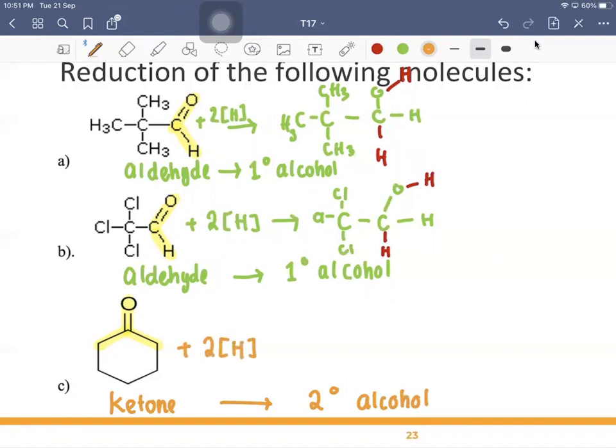That represents your reducing agent. And I'm going to keep the original atoms in the molecule and add on the hydrogen there. Okay, the rest of the molecule stays unchanged. Now I have a secondary alcohol.